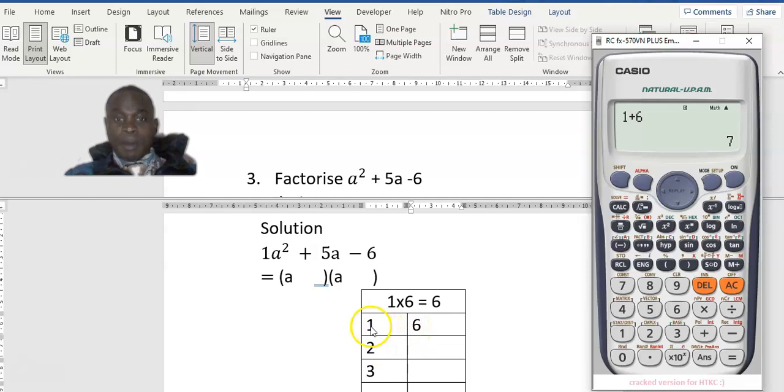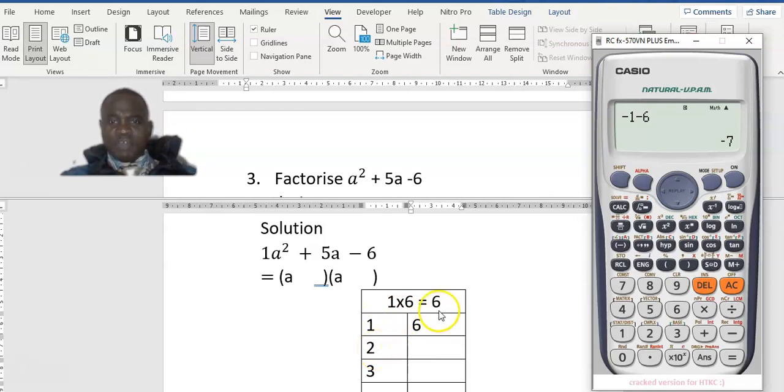Then we move on to negative 1 minus 6. Does it give us plus 5? No, it gives us minus 7. Should we use this? No. We can't use it.